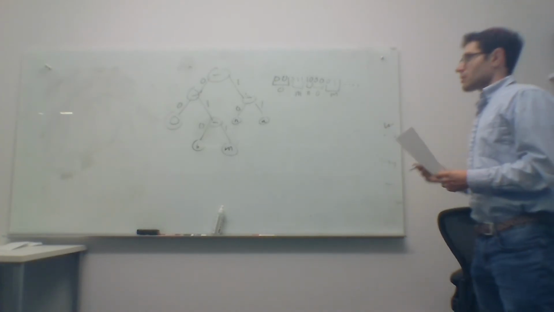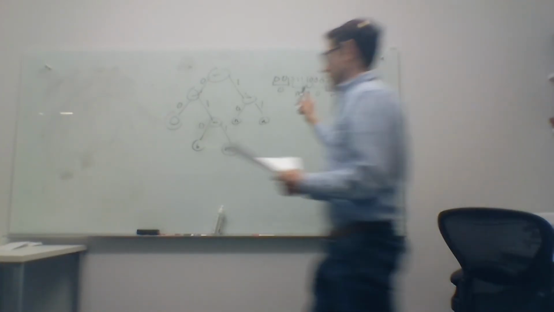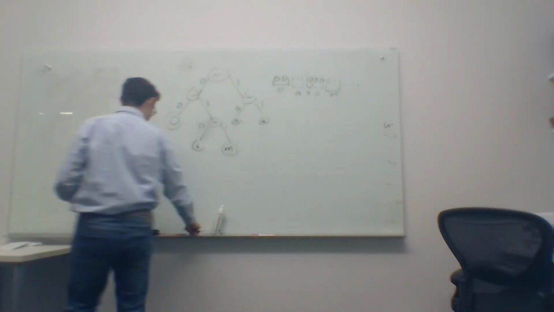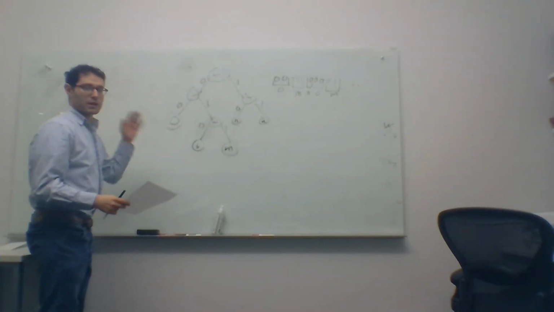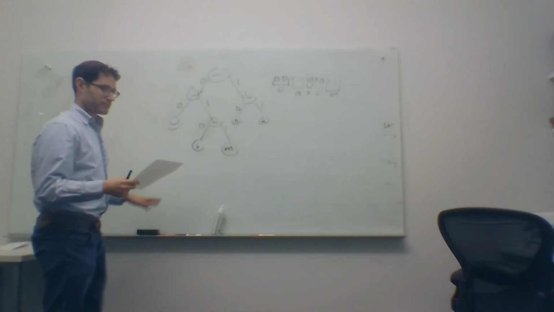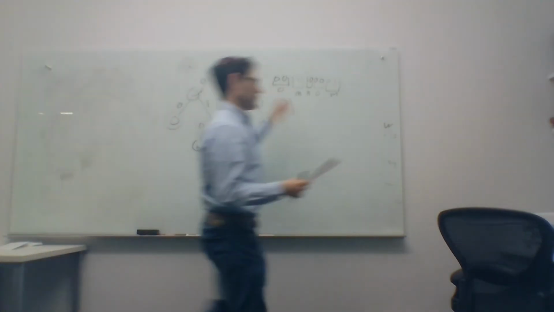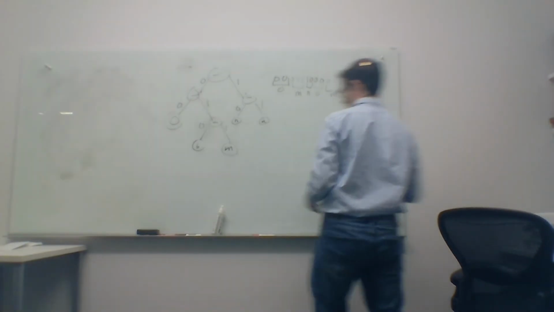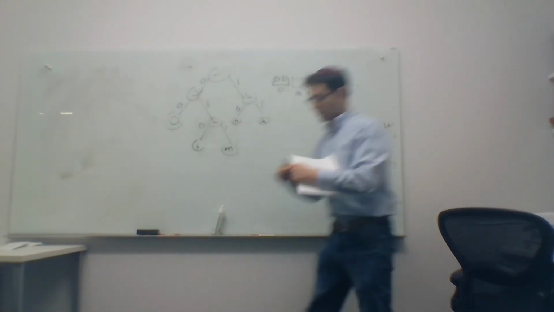So the way you decode a message is that for every bit you see, you decide to go left or right until you get to the very bottom. Once you get to a leaf node, you stop, and then you say that's what that particular character was. So that's the way that works.